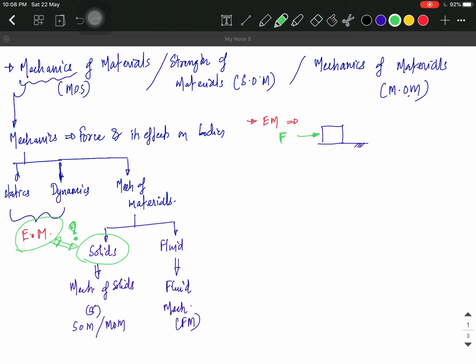Whether it is moving or remains stationary at a particular force is given by the equations of statics. So that happens in engineering mechanics.